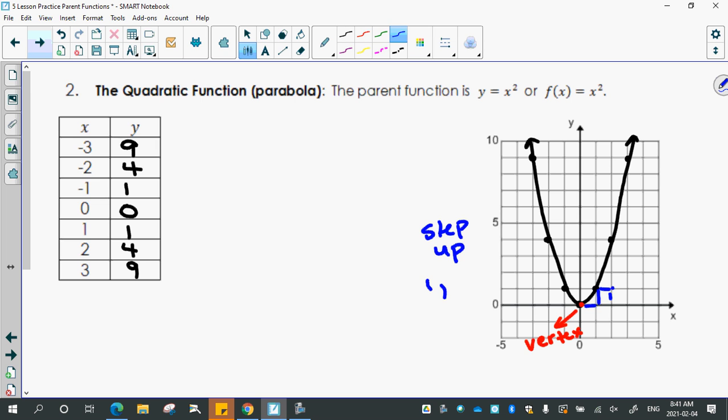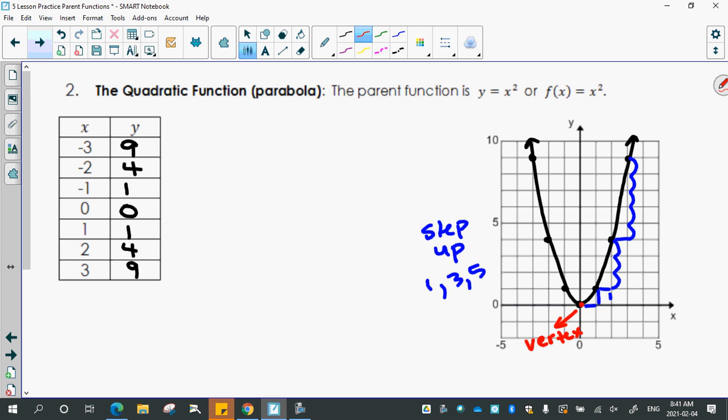Our second step up is 1, 2, 3. Our third step up is 1, 2, 3, 4, 5. And if we had room to keep going, it would go 7, 9, 11. Okay, that's our step pattern. So up 1, 3, 5.